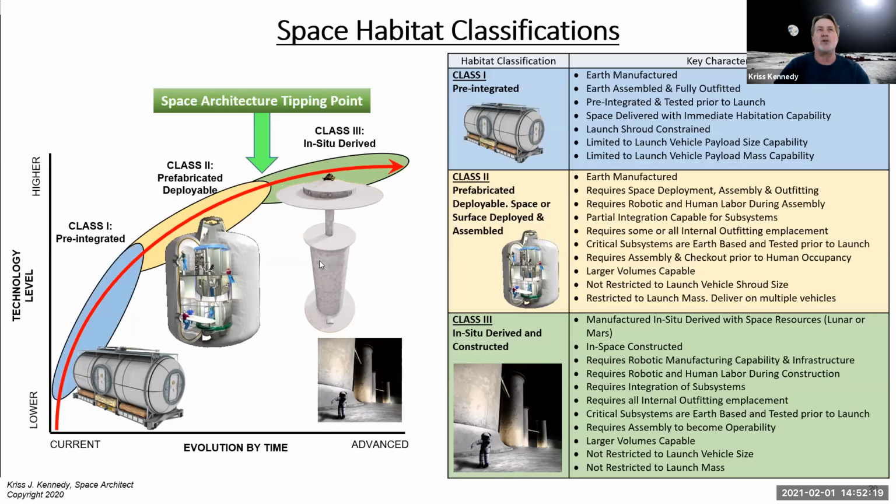The space architecture industry will really take off and be more utilized when we start thinking about these types of design and structures, and the architecture of the future will be driven by these kinds of structures.